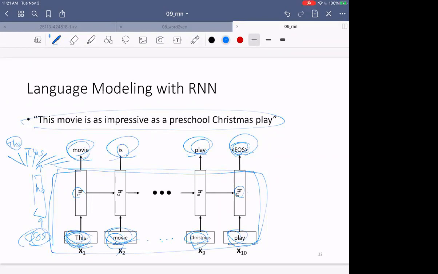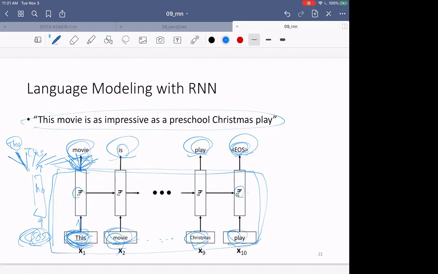You have the softmax classifier on top to predict words, right? So the probability of choosing this out of 100,000 options will be very small, but that's a probability. And then after this, you put this into your RNN, and given SOS and this, the probability of choosing movie out of 100,000 options will also be very small, but there's a concrete number there.